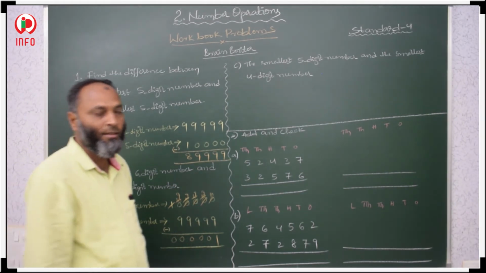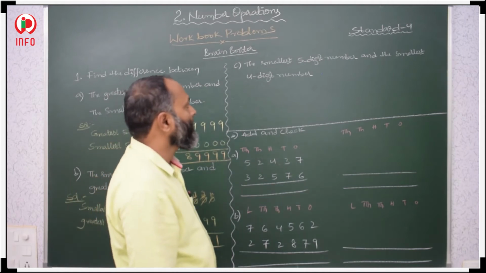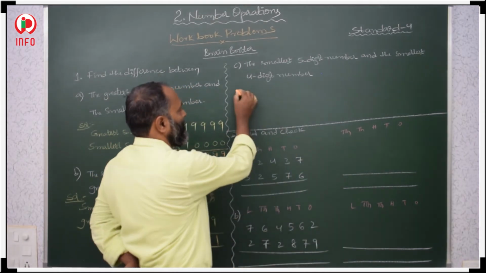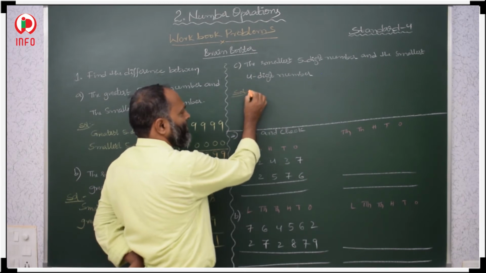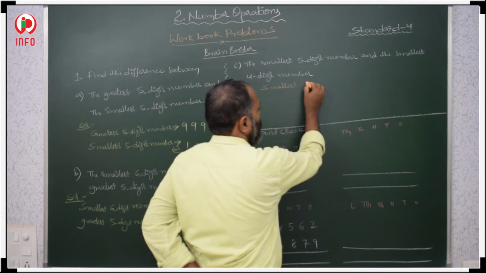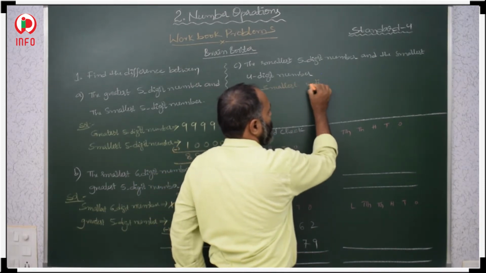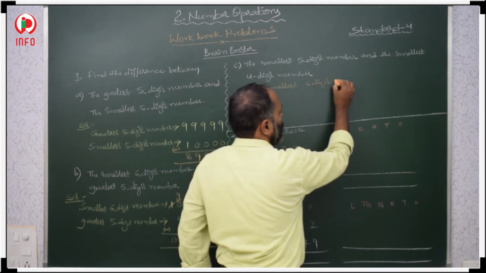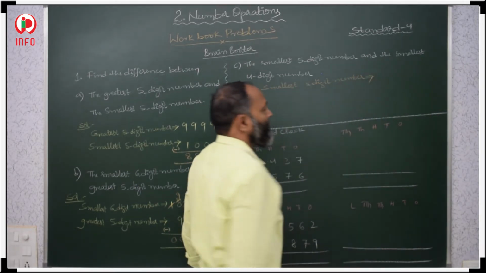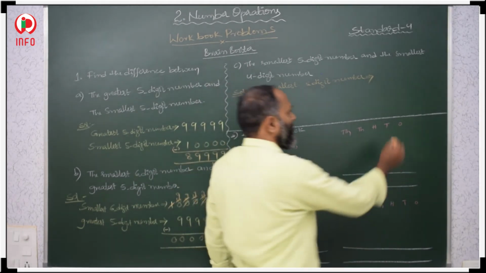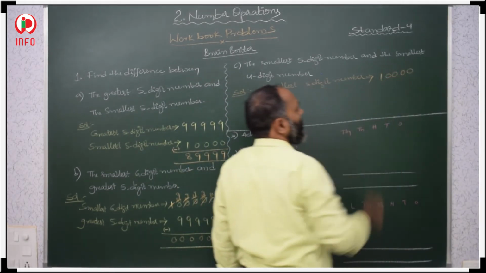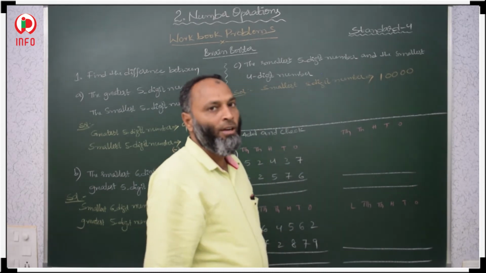The difference is 1. Here, the smallest 5-digit number and the smallest 4-digit number. Smallest 5-digit number: 4 zeros and 1. This is the smallest 5-digit number.